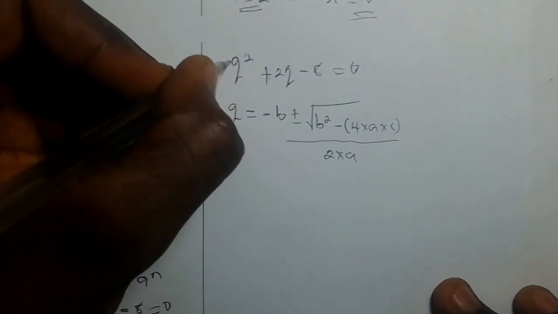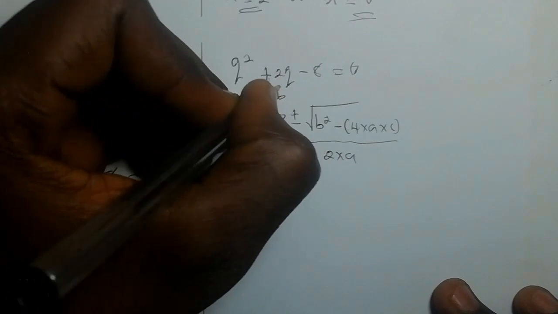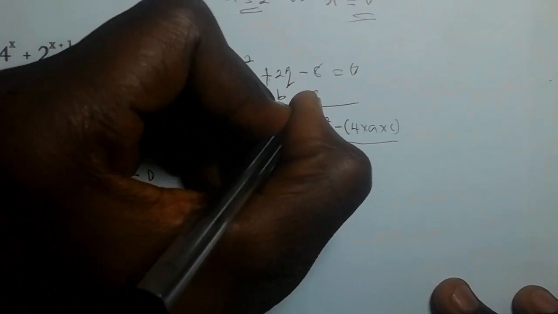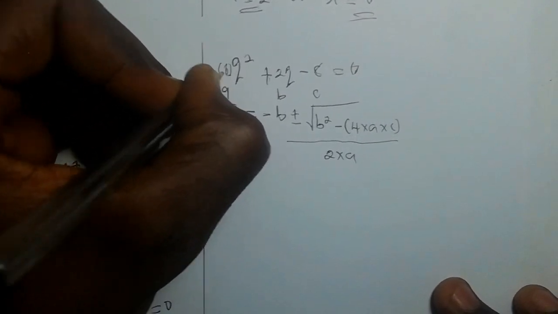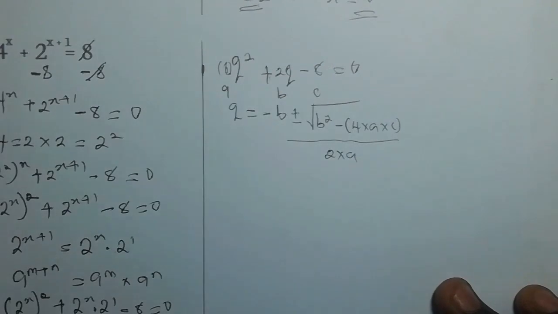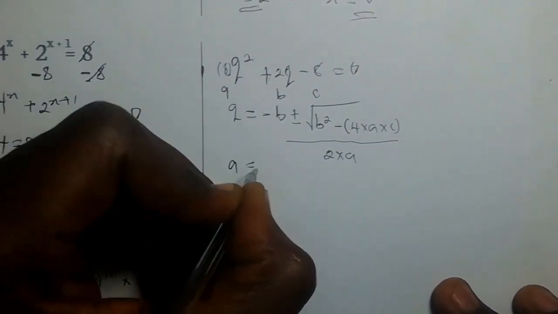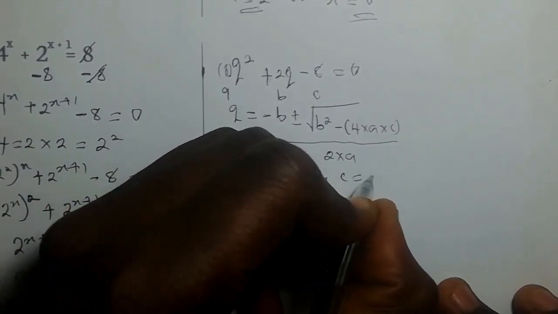In this case, the coefficient of q squared is a, the coefficient of q is b, and the last number is c. So the coefficient of q squared is just 1, the coefficient of q is 2, and the last number is c. So a is equal to 1, b is equal to 2, and c is equal to negative 8.